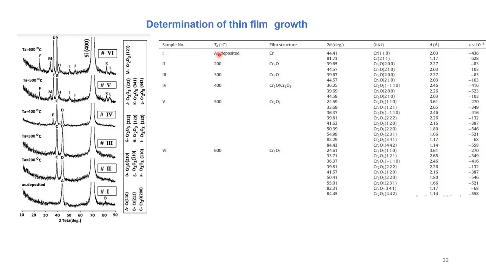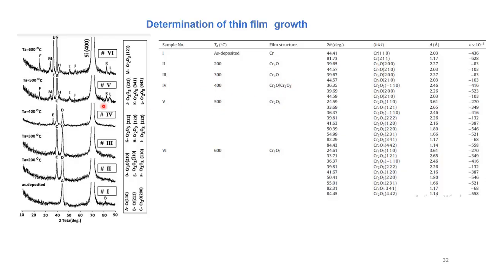So the first one is the as-deposited chromium. Then we are heating it at 200 degrees Celsius to oxidize it. So then we are getting chromium oxide. Then again heating at 300, and again the same thing is coming. And then at 400 new peaks are coming. So it is giving us two kinds of structures, Cr3O and Cr2O3.